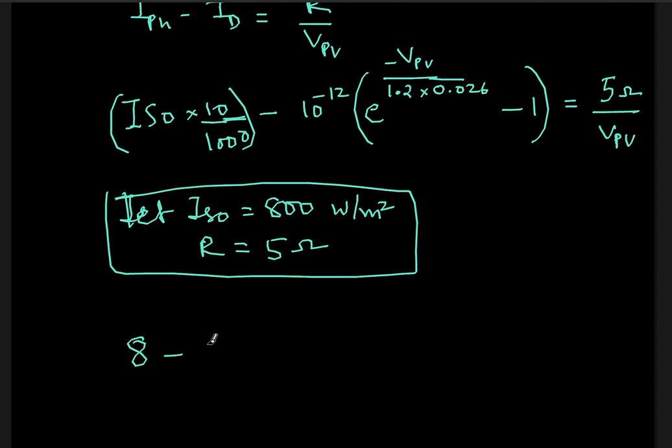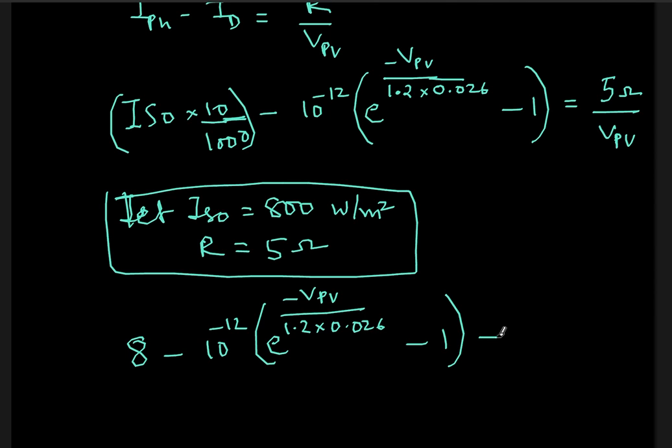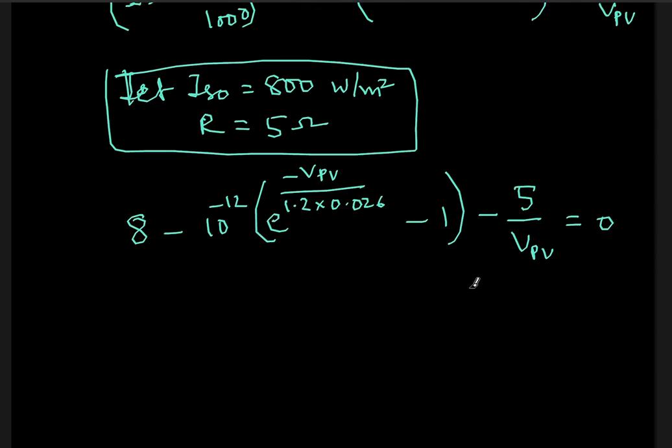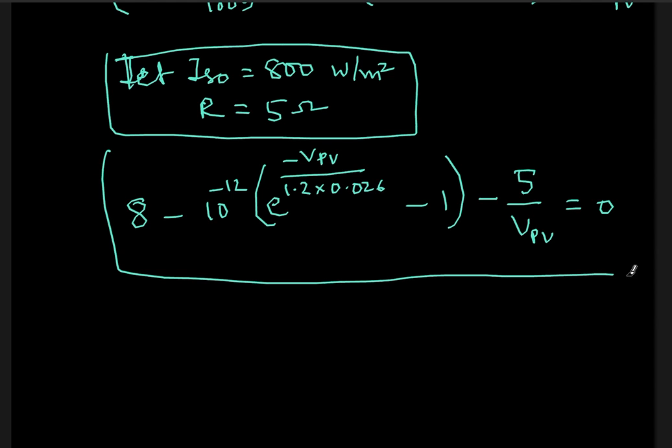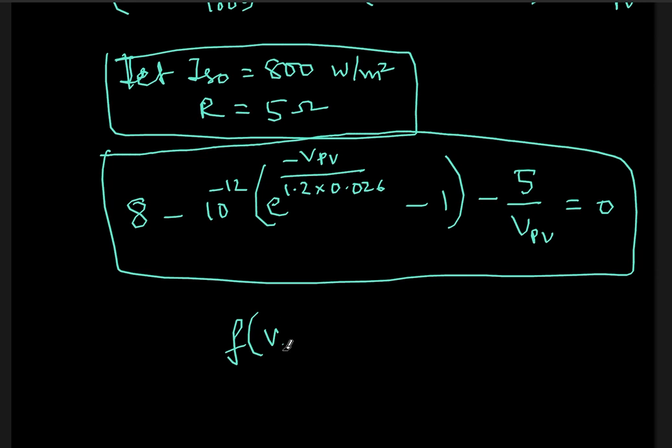So 8 minus 10 to the power of minus 12 e to the power of VPV divided by 1.2 into 0.026, minus 1, minus VPV by 5 equals 0. So this is in the form of f of VPV equal to 0. Solve it. So the question is, what value of VPV will satisfy this equation?